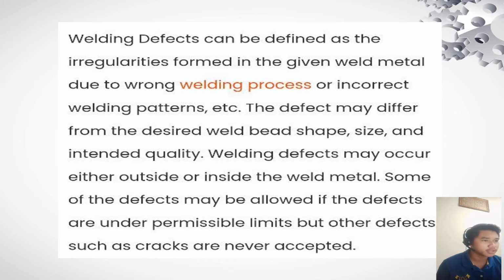Welding defects may occur either outside or inside the weld metal. Some of the defects may be allowed if their effects are under permissible limits, but other defects such as cracks are never accepted.